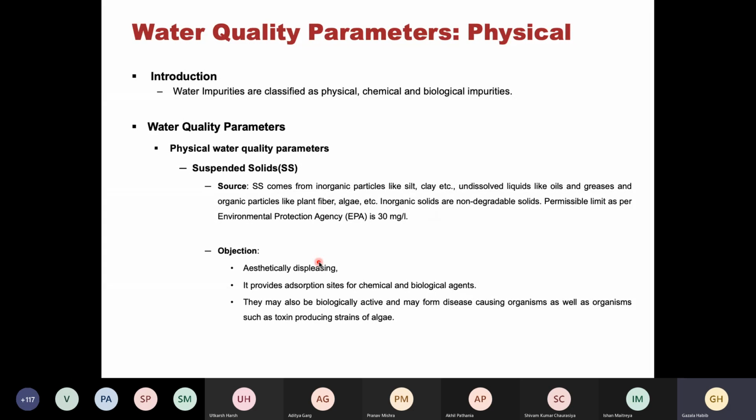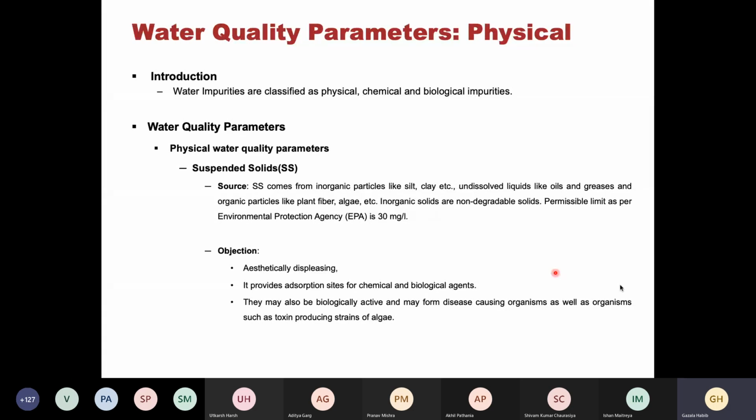It will not be pleasant, and you will not be willing to drink water where suspended solids are present. The suspended solids are also responsible for biological activity. They provide the surface for biological activity, which is disease-causing organisms. Therefore that is another reason for objection to this suspended solid.